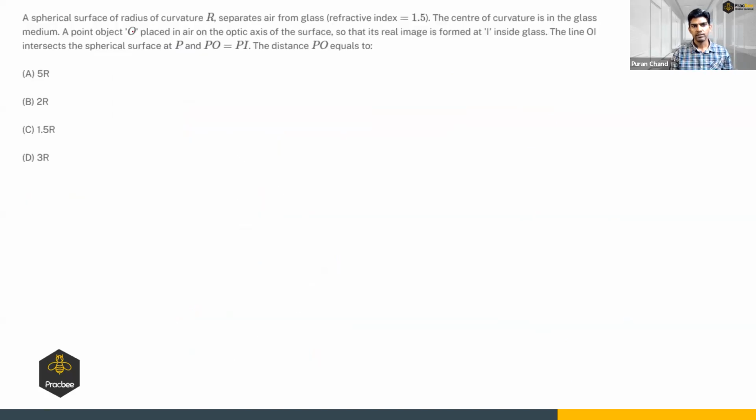Okay. A spherical surface of radius of curvature R separates air from glass. Refractive index is 1.5. The center of curvature is in the glass.